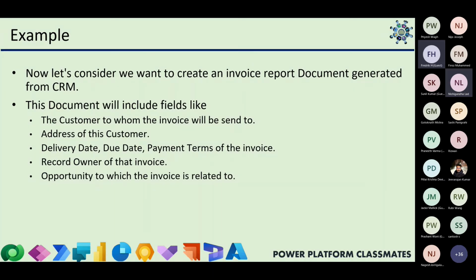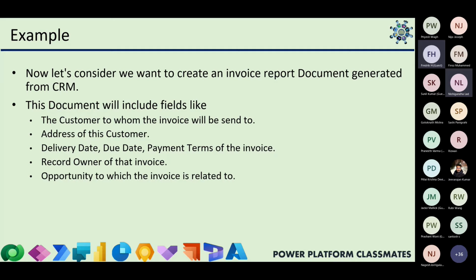Say you have an invoice entity and you want to create an invoice report. I know there is an out-of-the-box report present for invoice, but say that doesn't satisfy your needs and you need to add a few more fields and customizations to those reports, and you intend to generate a document out of it.